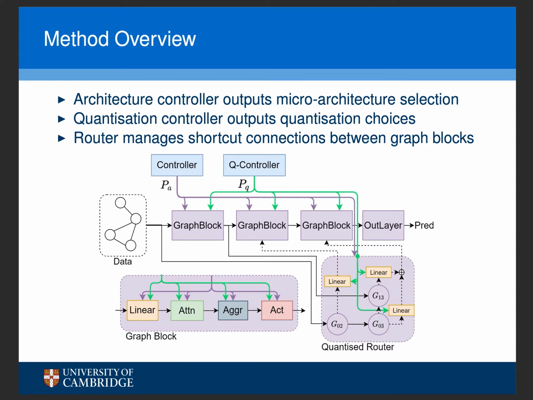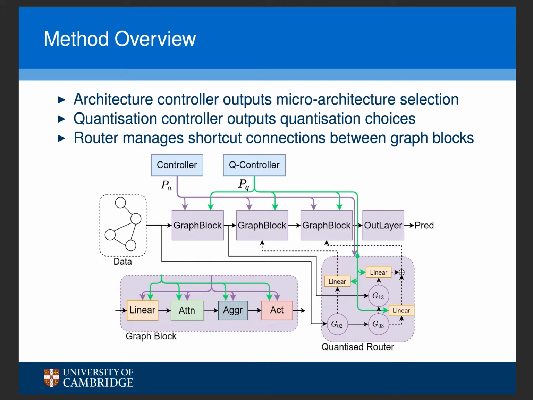This PA is propagated to each graph block as expected. For each graph block, we have those 4 small sub blocks that I've mentioned before, and the architecture controller is in charge of picking a suitable architecture option from each sub block.